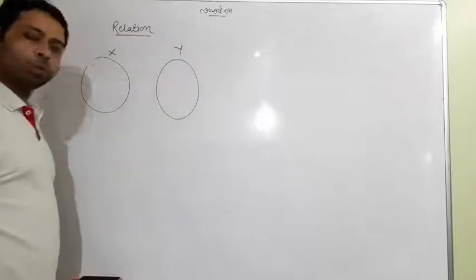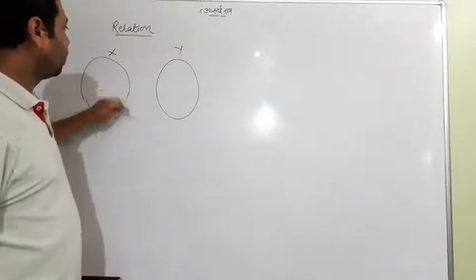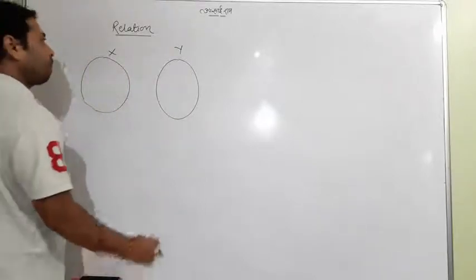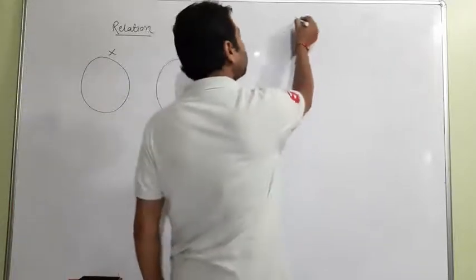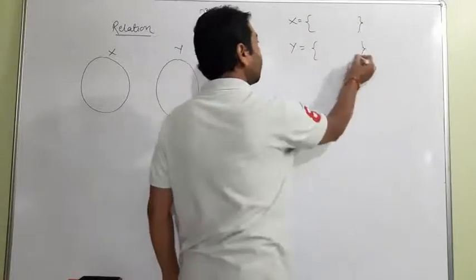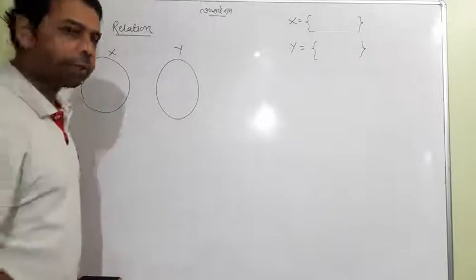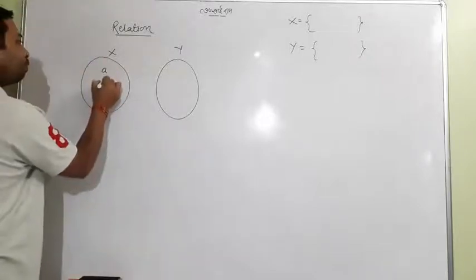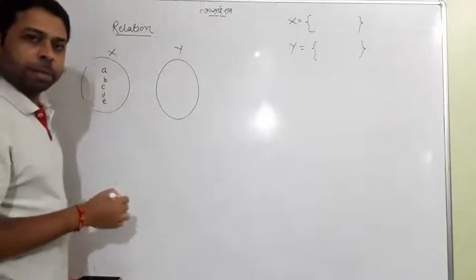The Venn diagram you know, but this time I'm drawing the sets as circles and I will write some elements in them. Suppose in x it is A, B, C, D and E.